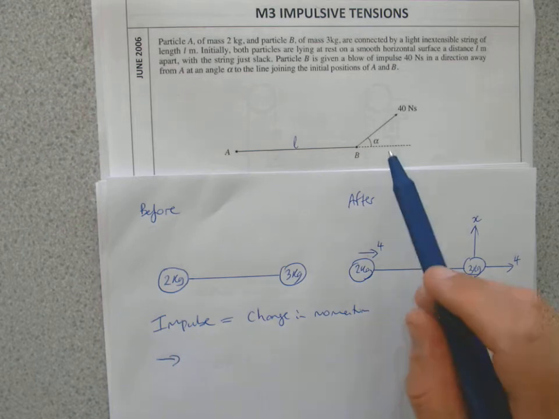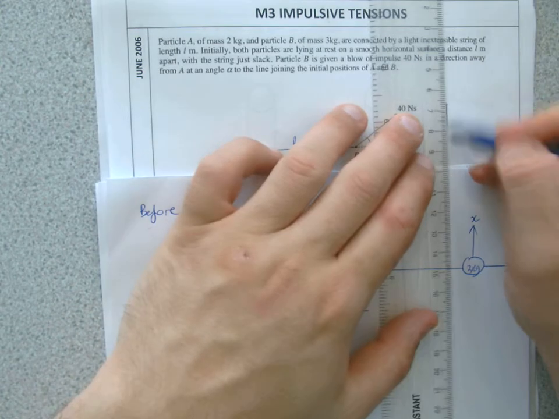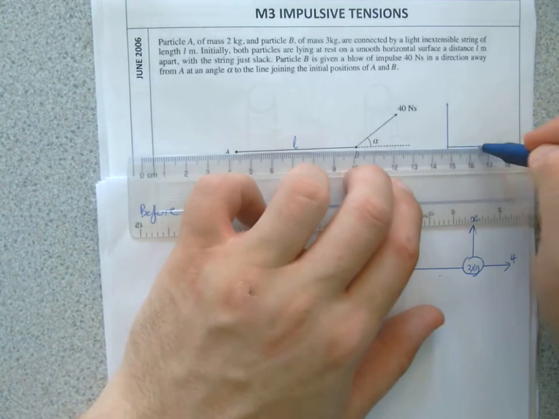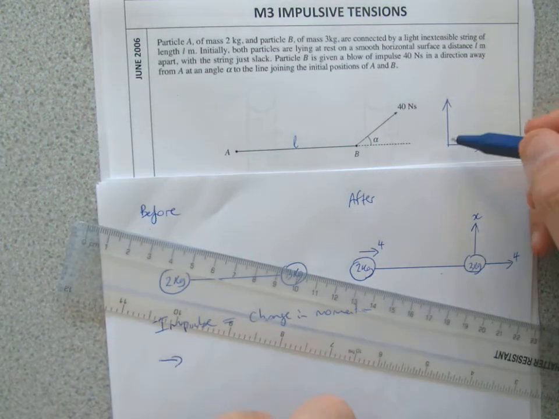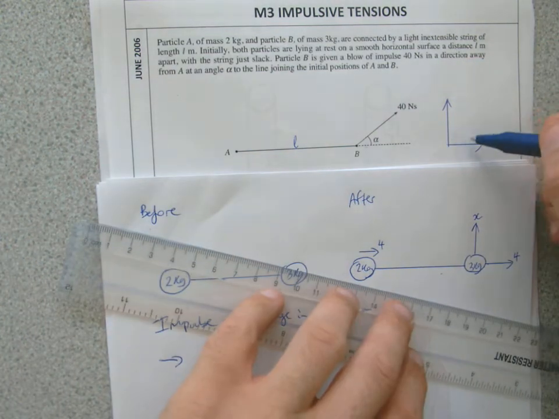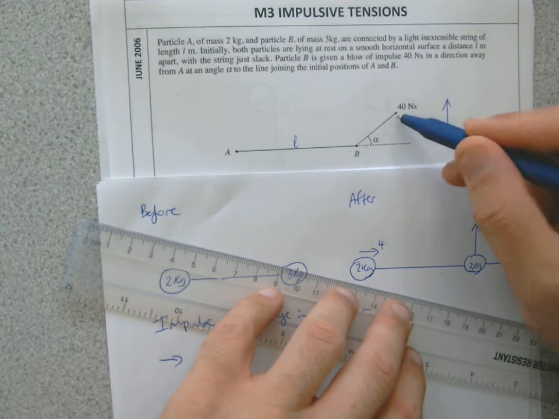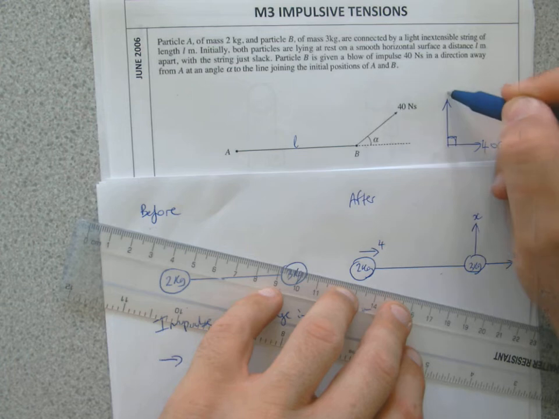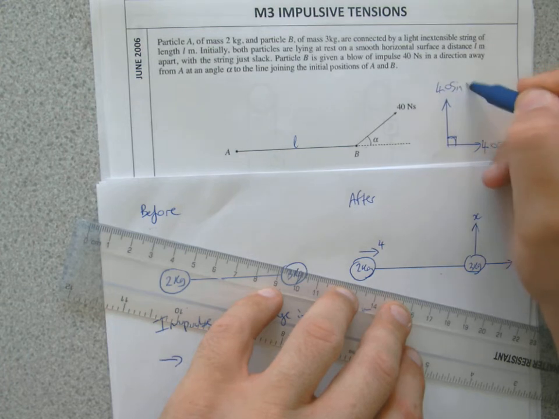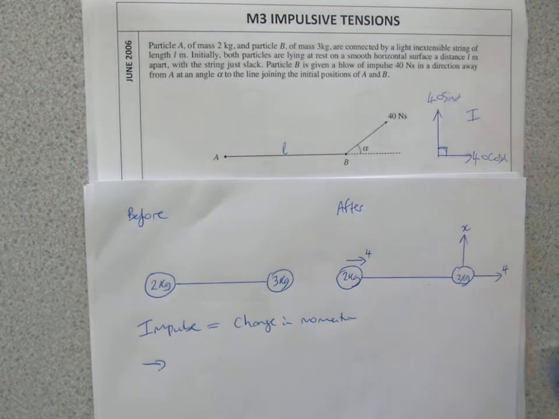We've got to look at the components. Resolving in this direction it'll be 40 cos alpha, and perpendicular it'll be 40 sine alpha. This is the impulse resolved horizontally and perpendicular to it.